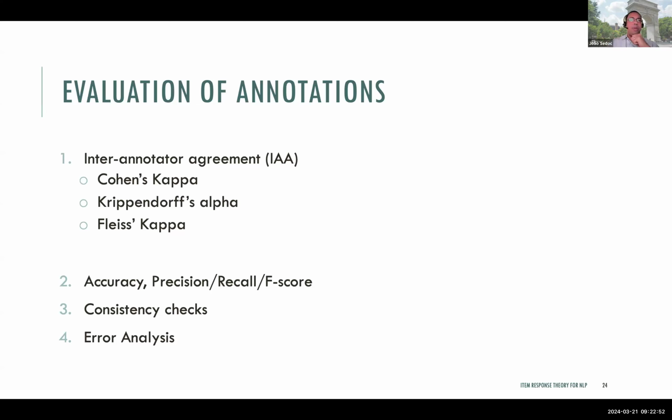Finally, error analysis. A lot of annotations aren't perfect, so we have different types of errors, and later on we'll show some examples of how we can use item response theory to look at errors in the annotations of our data.